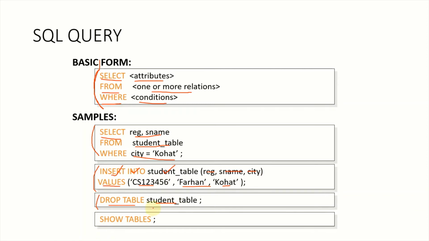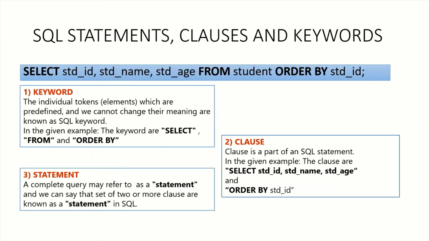Or without any table name, we can also execute a command to show all the tables stored in the database. Next, we have SQL statements, clauses and keywords. Consider an SQL statement.